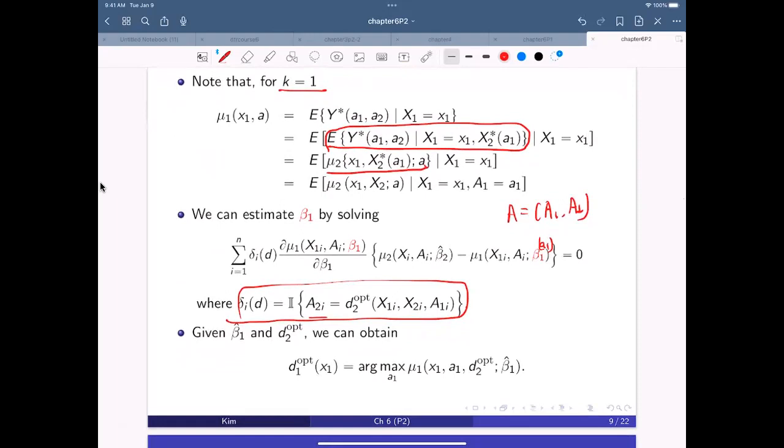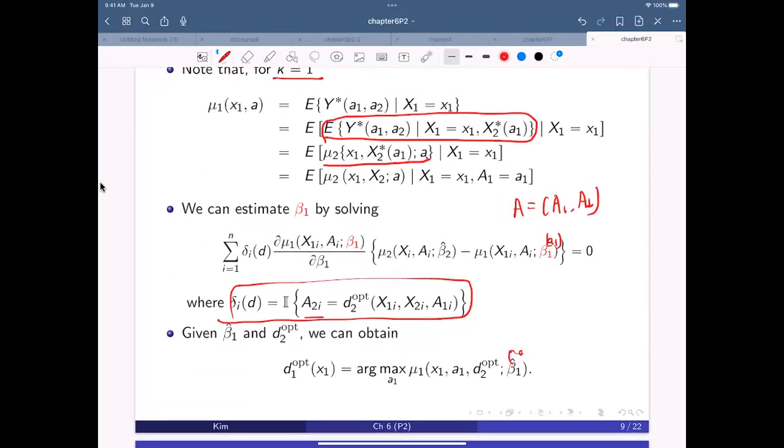Yeah, if you know the parameter, given A1 you will have a different beta one hat, but still this is a function. Then you can compare two functions, and for each value you just choose one of the two.